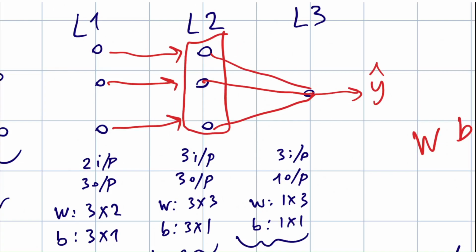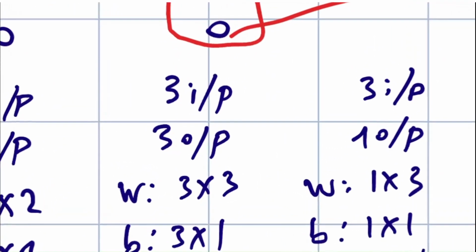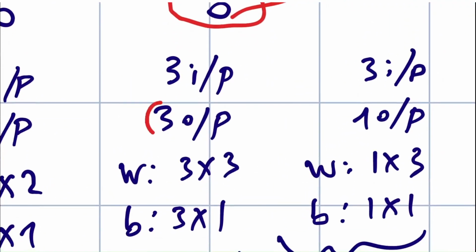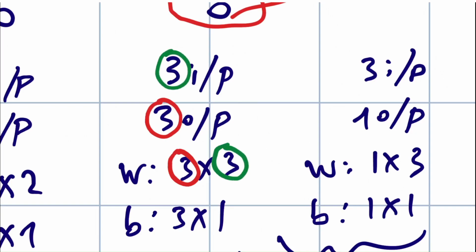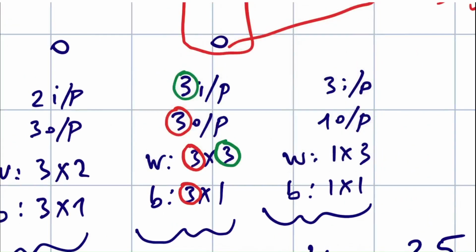So the W matrix is 3 by 3, and the B matrix is 3 by 1. This is always 1, by the way, for the B matrix.